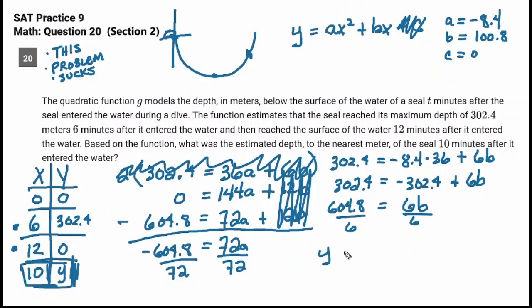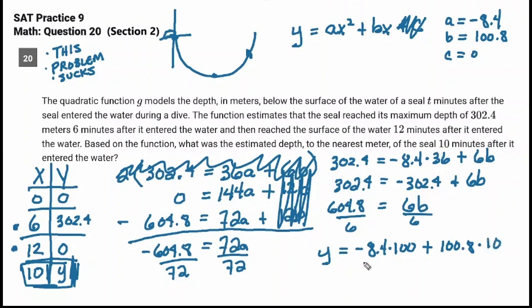Y equals ax squared, so negative 8.4 times 10 squared, so times 100, plus b is 100.8 times x, which is 10.